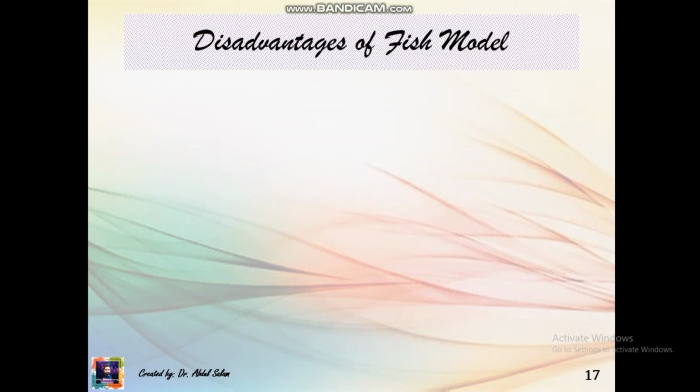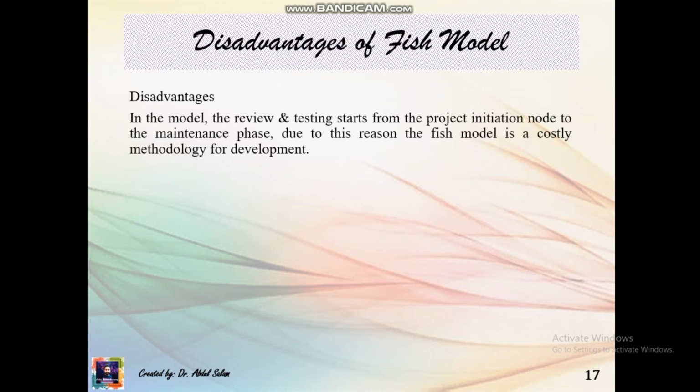Some of the disadvantages of fish model are: in this model, the review and testing start from the project initiation node to the maintenance phase. Due to this reason, the fish model is a costly methodology for development. Similarly, it is a time-consuming process to develop the product.